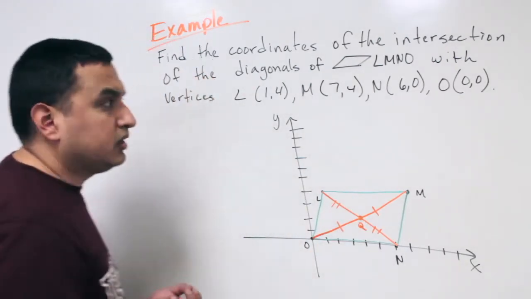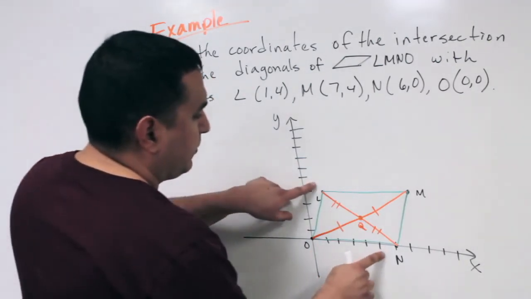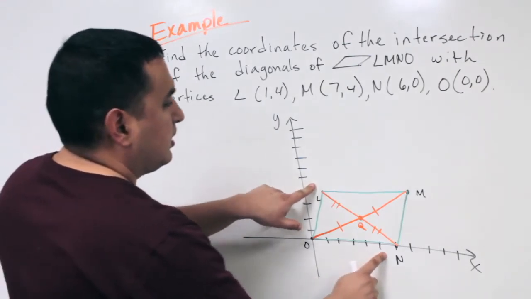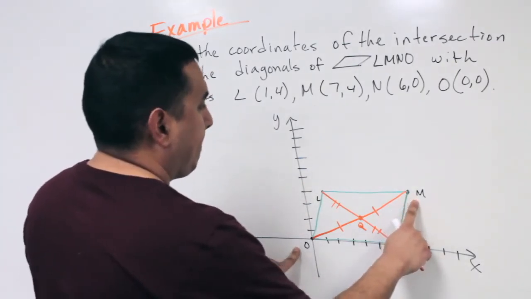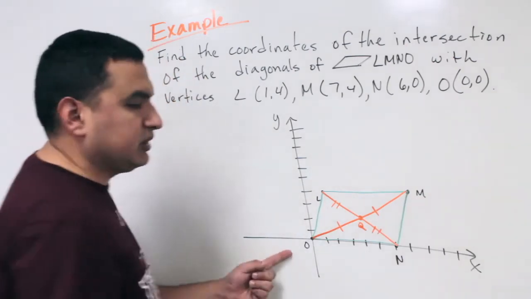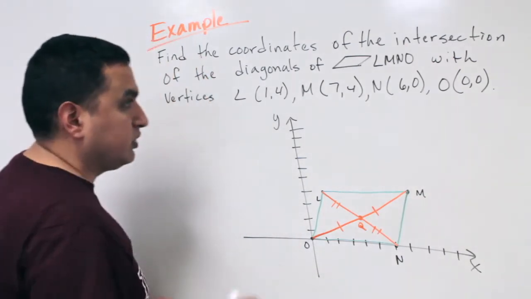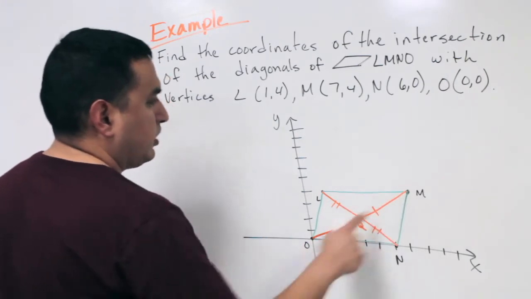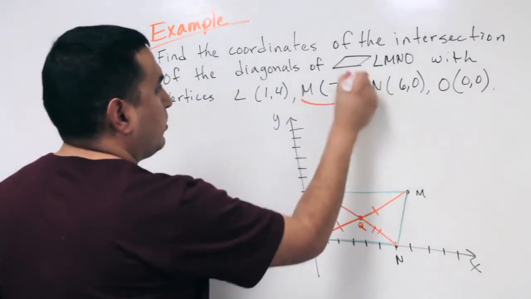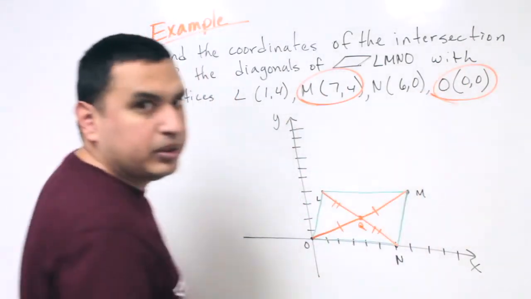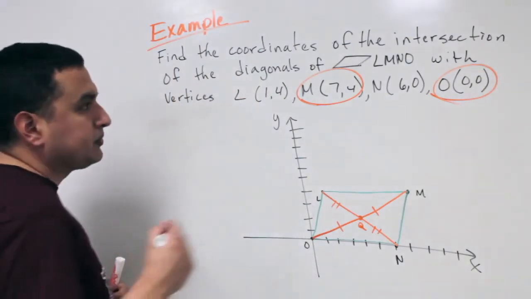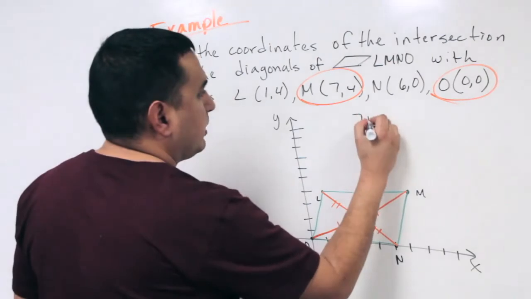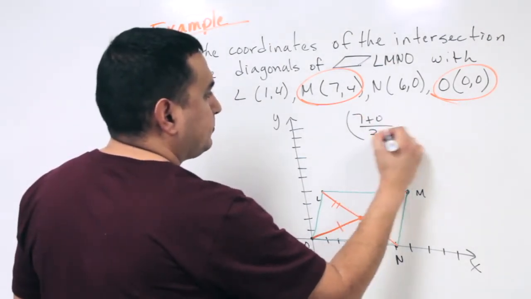So I can do the midpoint for L and N, or I could solve for the midpoint of O and M. Now, since one of the points is at 0, 0, that's the easier one to do. So I'm going to use M and O. Using the midpoint formula, I would take 7 plus 0, divide by 2.